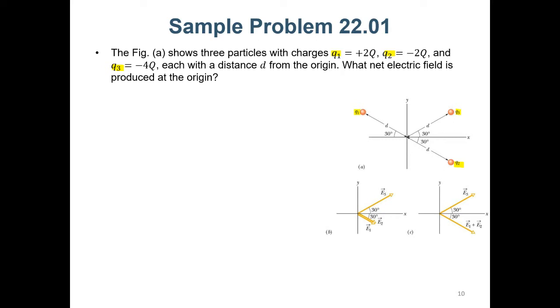Q1 is plus 2Q, Q2 is negative 2Q, and Q3 is negative 4Q. They have distance d from the origin, and the net electric field is produced at the origin. It asks you to calculate the net electric field produced at the origin.